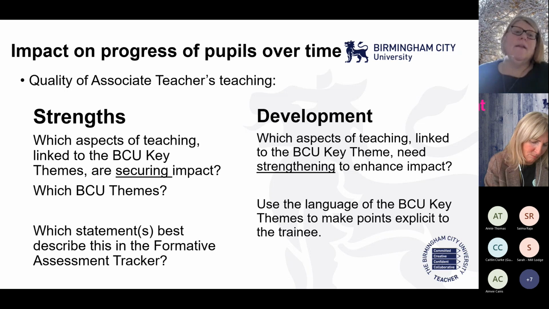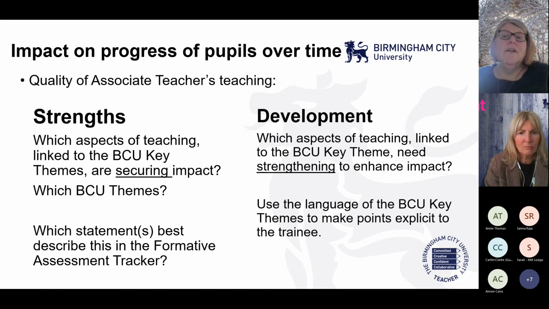do X, Y, Z. So impact on progress over time, quality of teaching, certainly think of those strengths, which aspects are securing impact, and then also which ones now need to become a focus for the next week. So how can we then strengthen that practice to enhance that impact further?